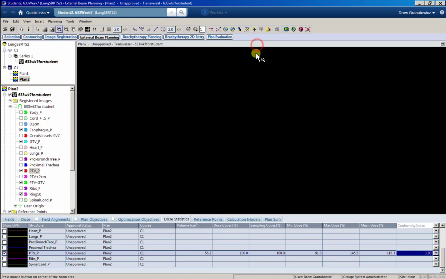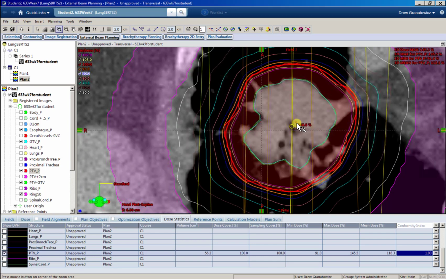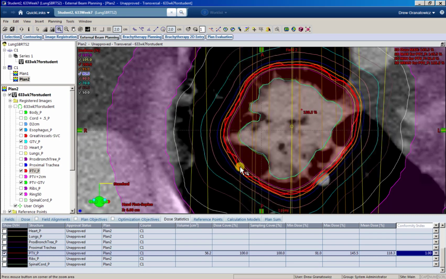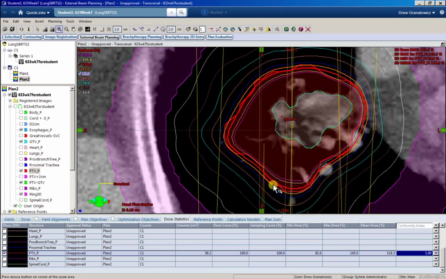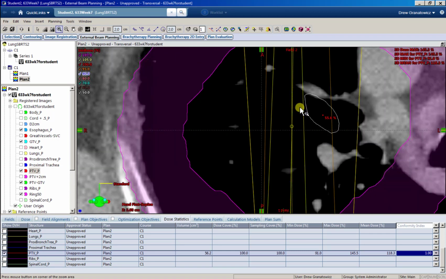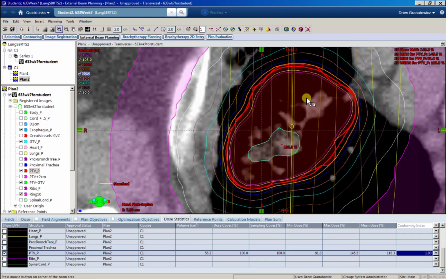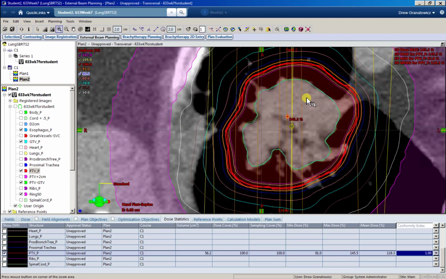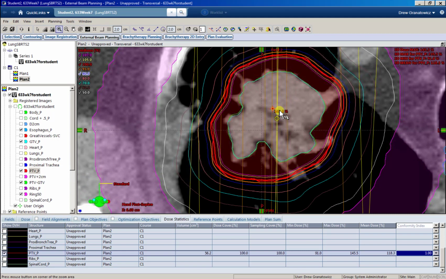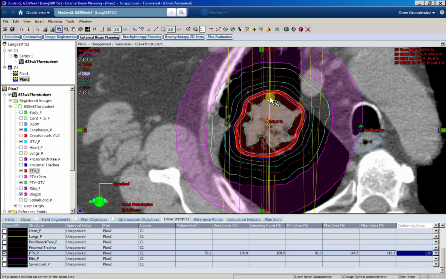Zoom in here. And you just want to look at your dose distribution, right? You want to look at that 100 line and make sure it's conforming nicely to your PTV. From here, if you're unhappy with your coverage or how it's conforming, you can add additional rings. Maybe add a ring right around your PTV with no gap to help control that 100 line.